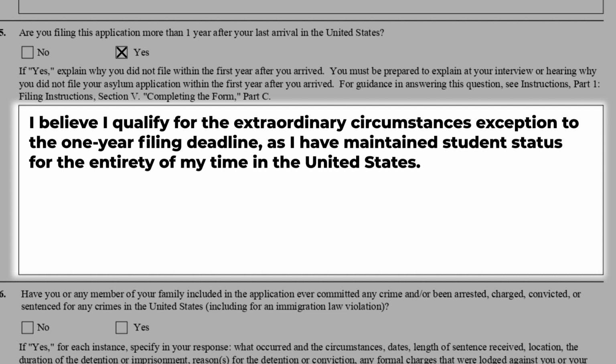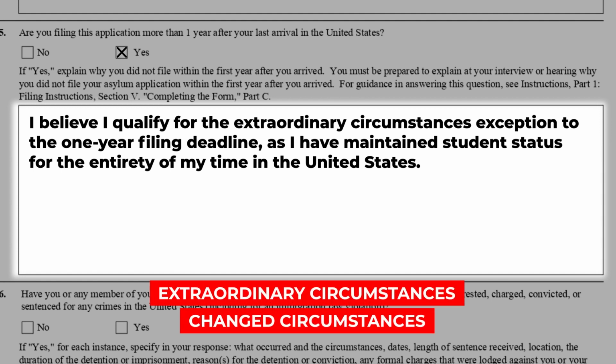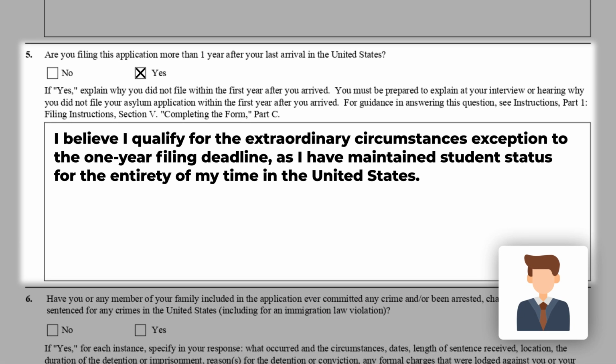That answer concerns one of the 2 main categories of exceptions, called the extraordinary circumstances exception. The other one is called changed circumstances. As the name implies, that's when something changes, such that now you're at real risk of being persecuted in your country. But again, this stuff is kind of complicated. It's best to speak with an asylum lawyer if the 1-year filing deadline may be implicated in your case.